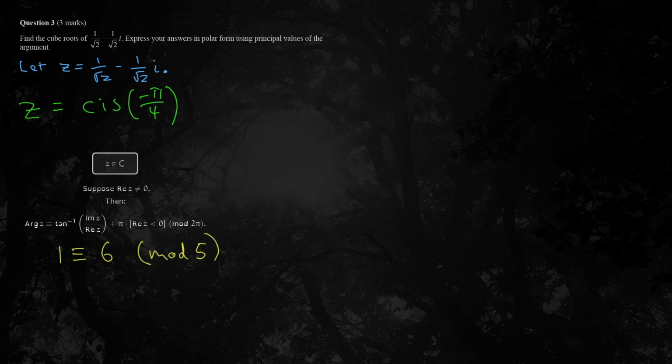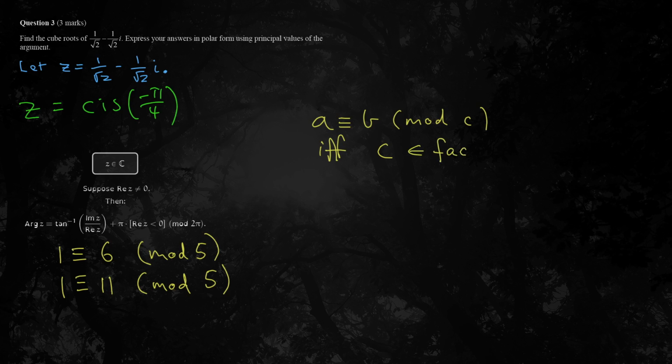In a similar way, 1 is congruent to 11 modulo 5, because we can get from 1 to 11 and vice versa by adding and subtracting copies of 5. Another way of saying that is that A is congruent to B modulo C if and only if C is a factor of A minus B.